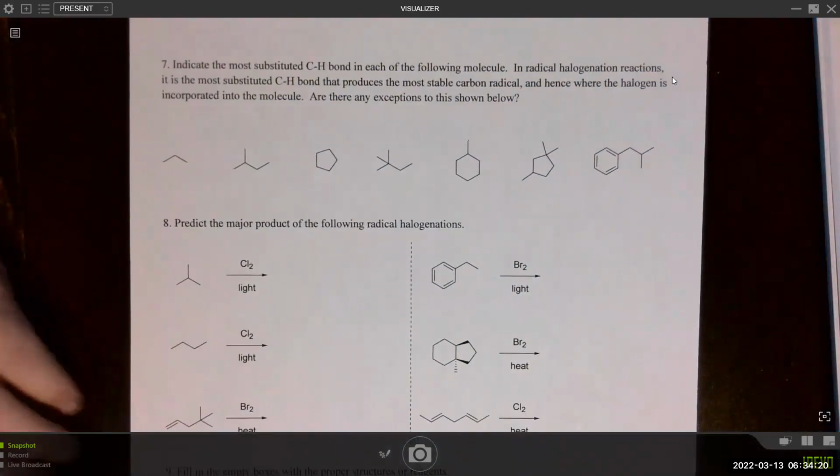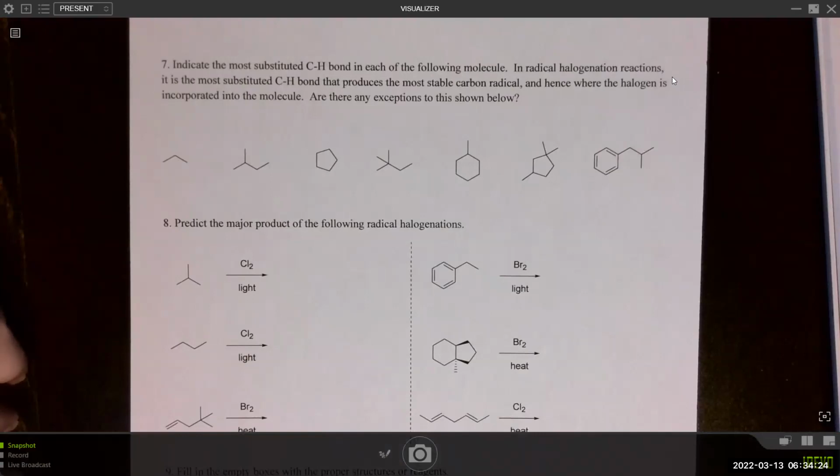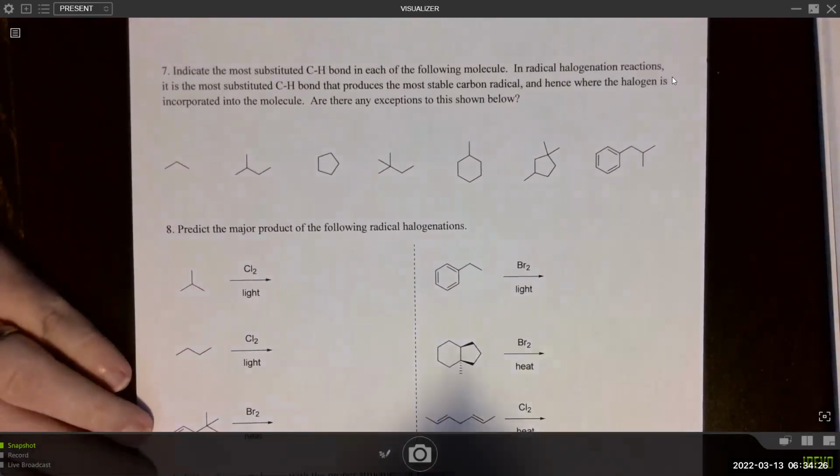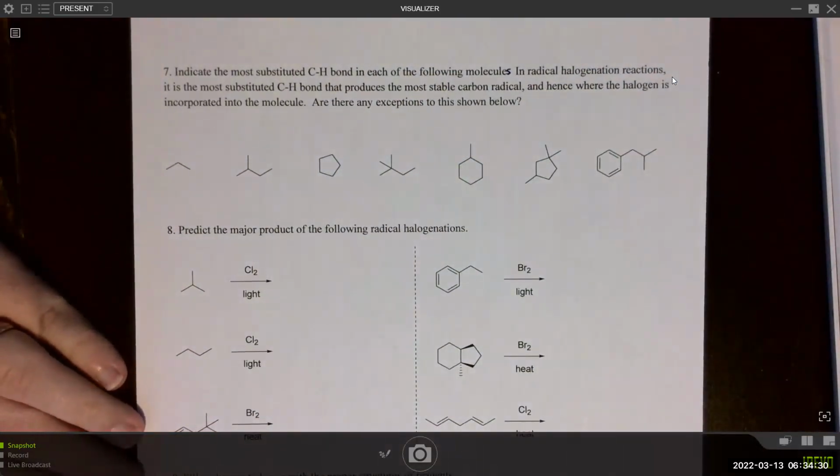Next, we're asked to indicate the most substituted CH bond in each of the following molecules. In radical halogenation reactions, it is the most substituted CH bond that produces the most stable radical, and hence where the halogen is incorporated into the molecule.